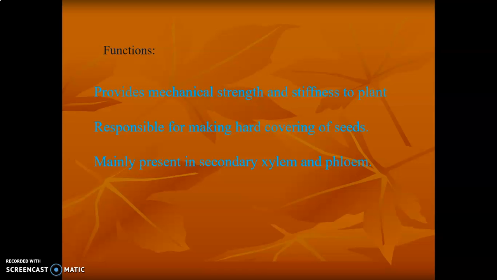Now, this experiment 2A, identification of plant tissues, which are parenchyma, collenchyma and sclerenchyma tissue, is discussed here. In the lab, you will be given a permanently mounted slide of these kinds of plant tissues.